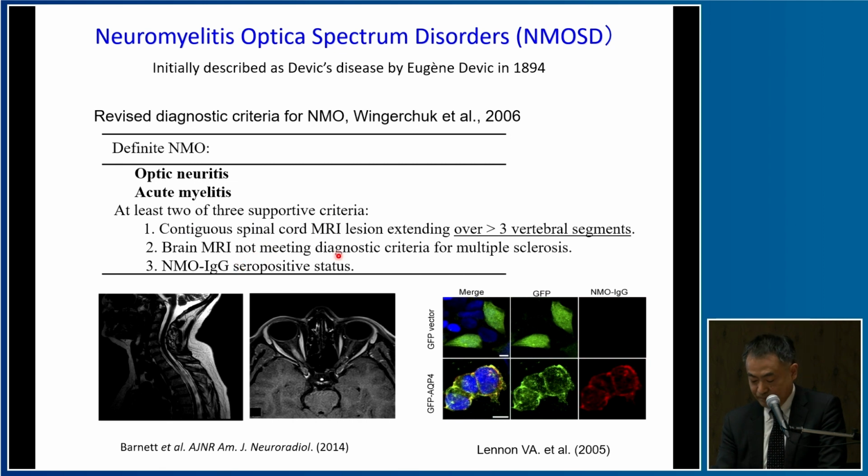One of them is NMO IgG, the autoimmune antibody that recognizes the aquaporin 4 extracellular domain. Dr. Lennon at the Mayo Clinic in the United States found this NMO IgG antibody recognizing aquaporin 4.